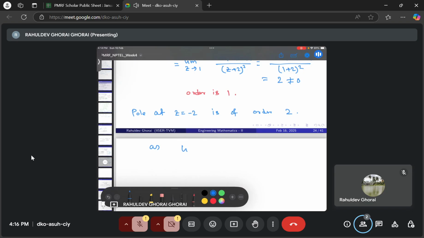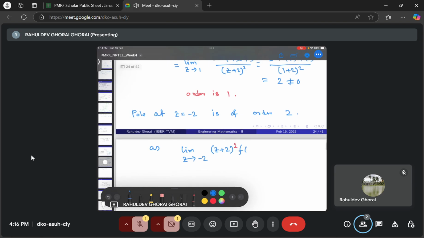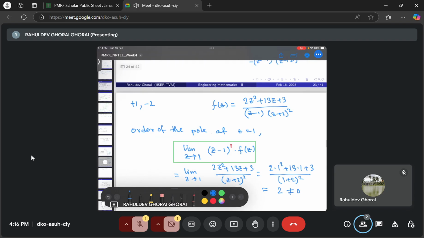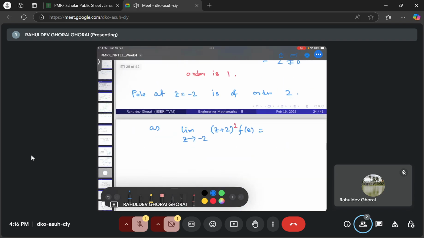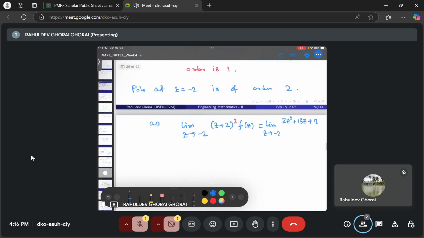So as z tends to minus 2, z plus 2 whole square times f(z), which will give you the limit of (2z square plus 13z plus 3) over (z minus 1), right?